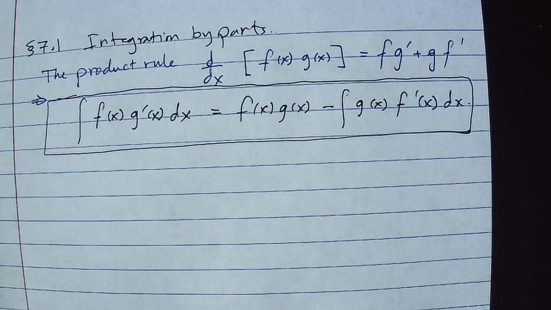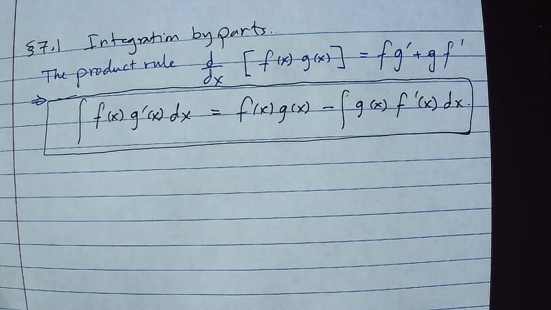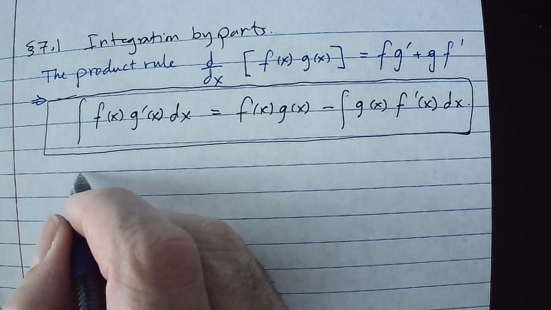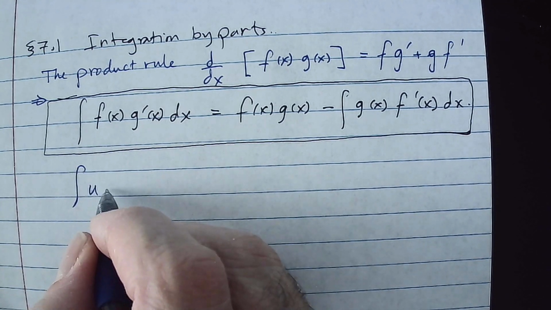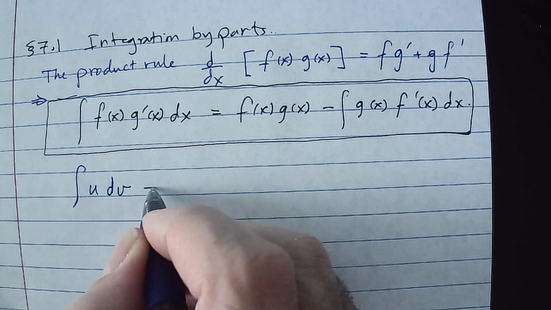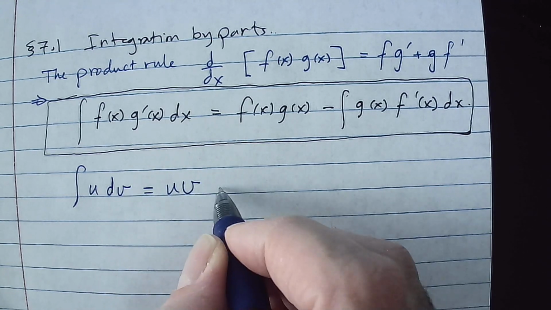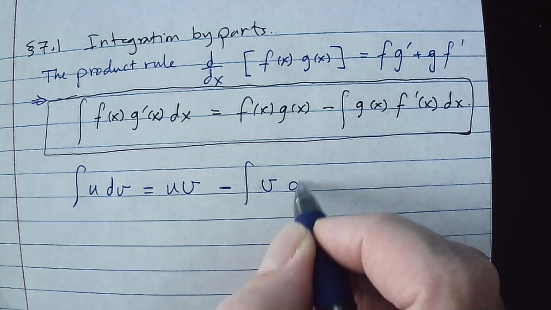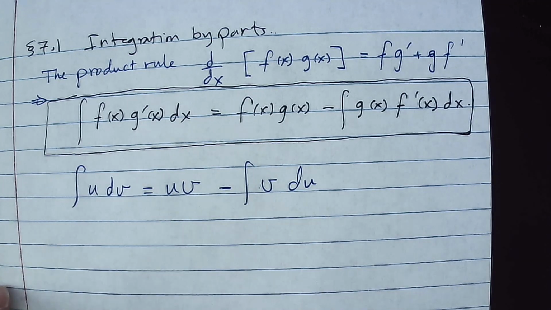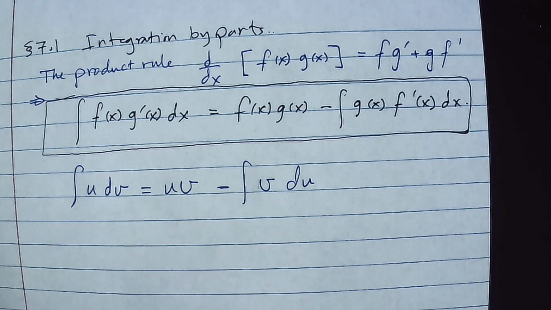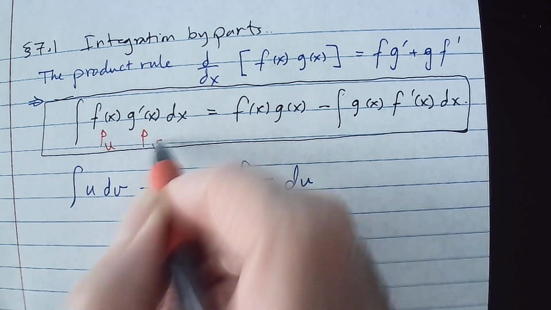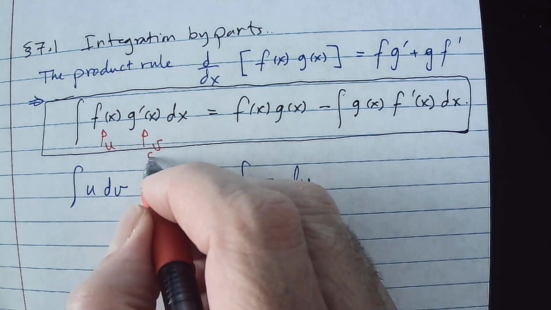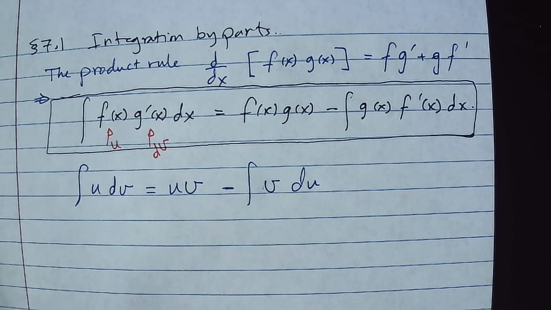Let's start with the following example, but before that, it is usually shortened into integral of u dv equals u times v minus the integral of v du, where we consider f as u, g prime as dv, which is the derivative of v.